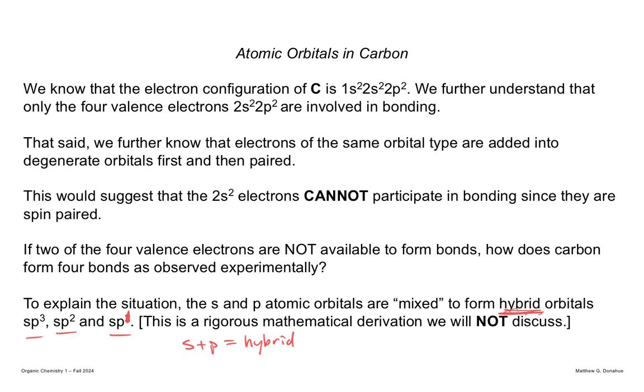So everyone in this room is kind of a hybrid. You have 2 parents, right? A mom and a dad, and they pass the genetic information on to you. So you're a mixture of your parents. And then if you have kids, they will be a mixture of you and your significant other. So these atomic orbitals, as they hybridize, the shapes will kind of change a little bit.